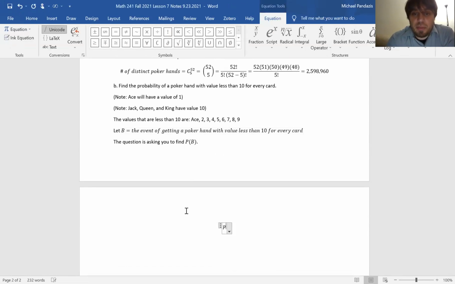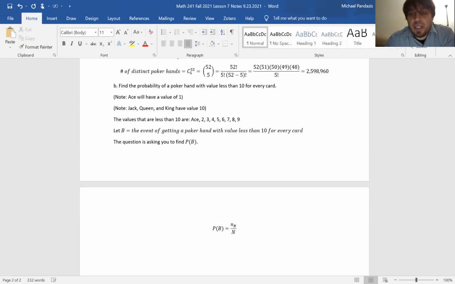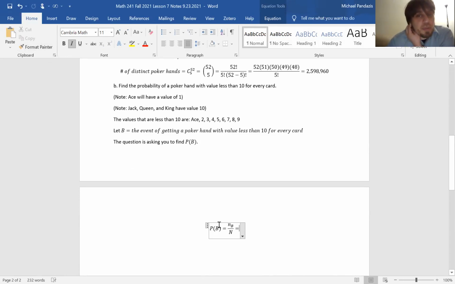To find the probability of this event B, by our theorem, it's n sub B divided by capital N. That is the number of sample points in the event B divided by the total number of sample points in the sample space.